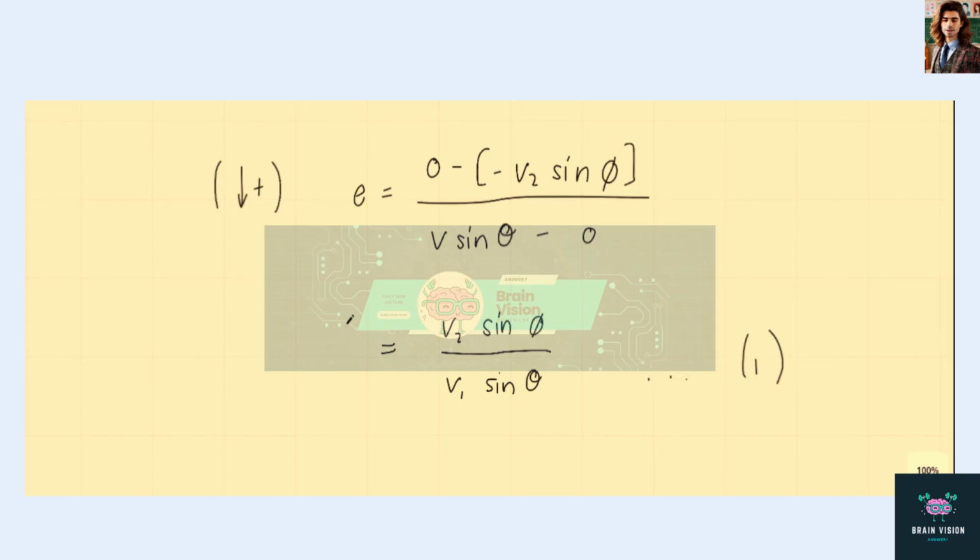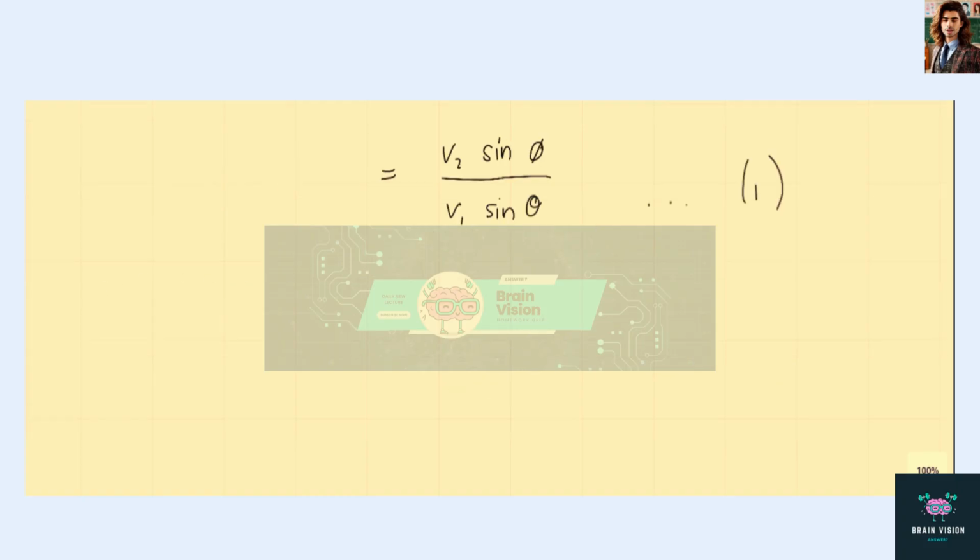So now we have an expression for the coefficient of restitution. We'll come back to that later. The next thing we will do is look at horizontal components of motion and use the principle of impulse and momentum.